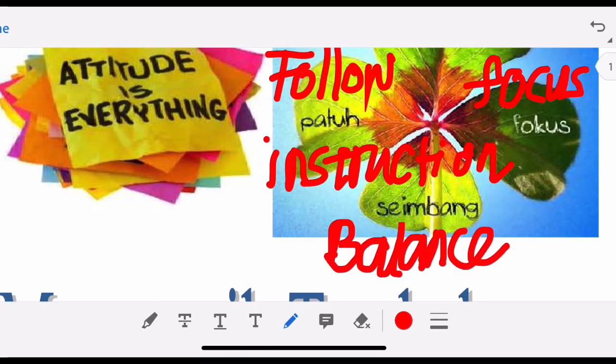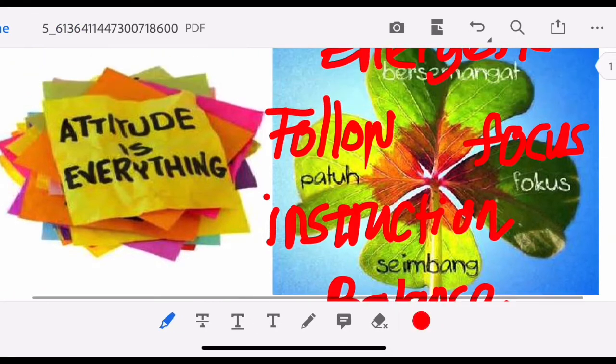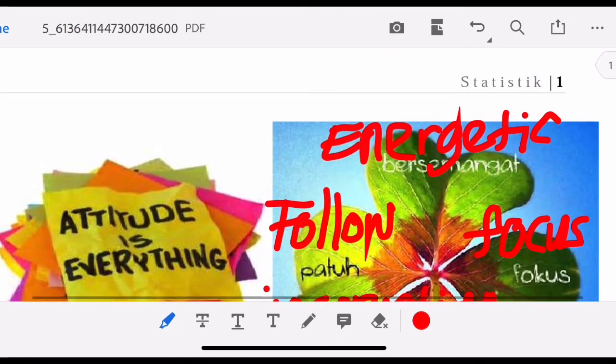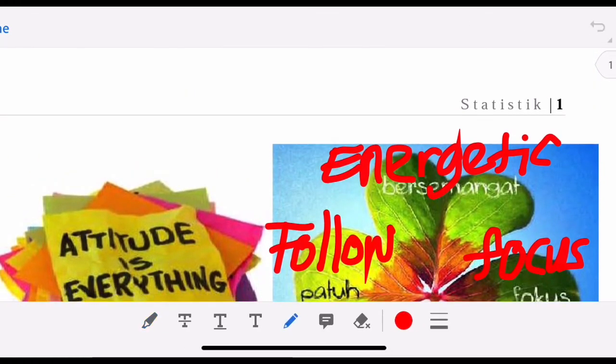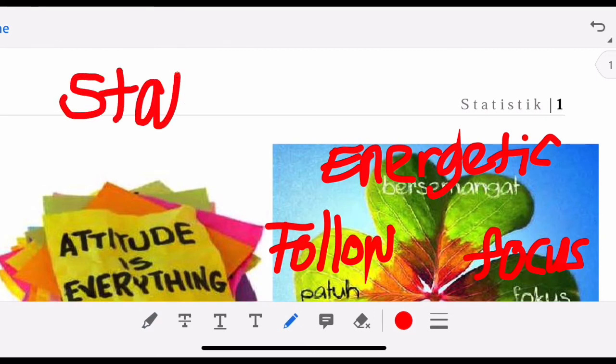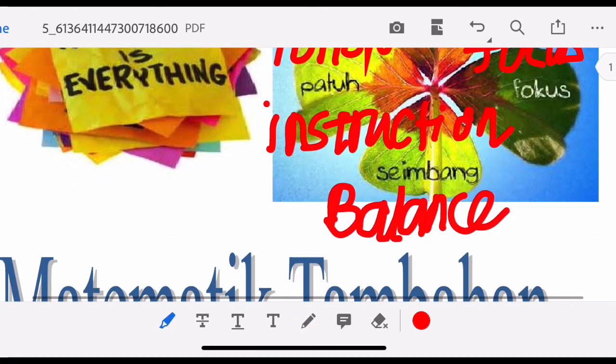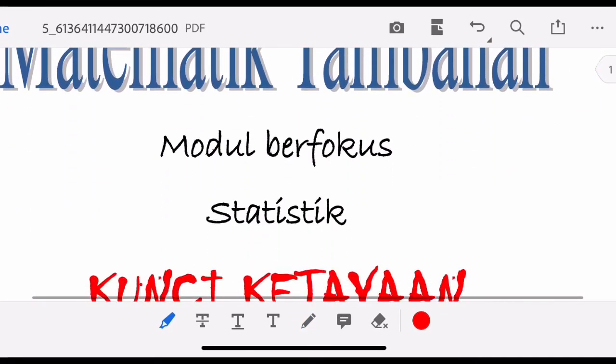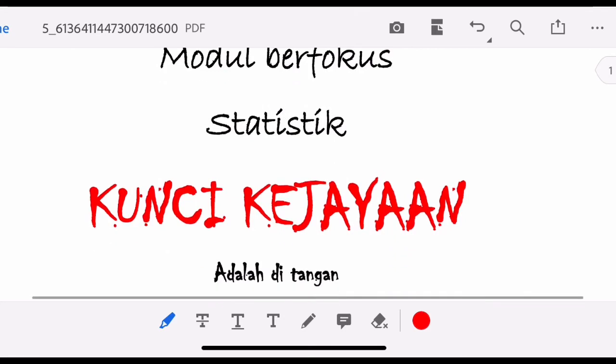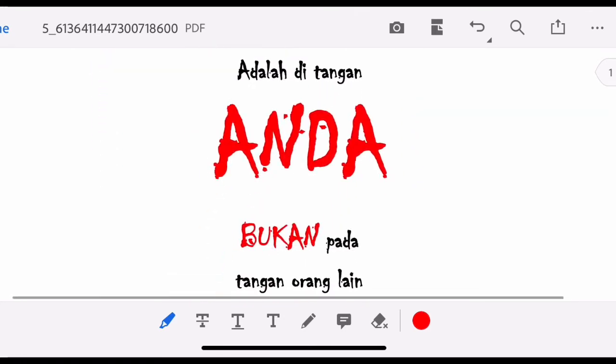And then you have to be balanced. Make sure you spend time on your additional maths every day, consistently. I'm sure you can do well in statistics if you follow the principles here: focus, energetic, follow instructions, and balance. Now today we want to discuss statistics.